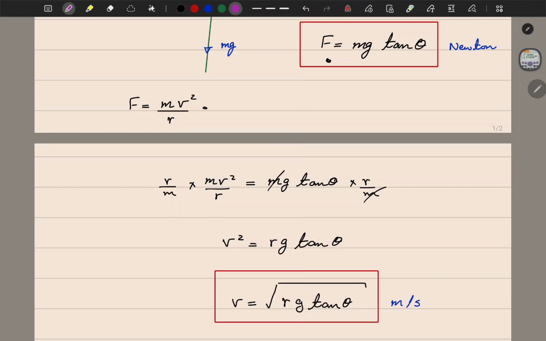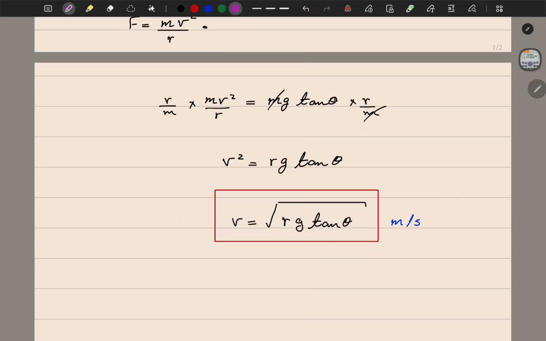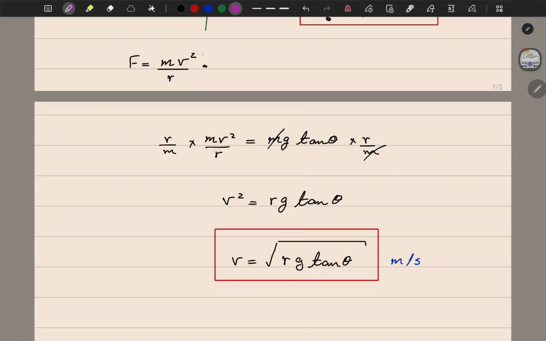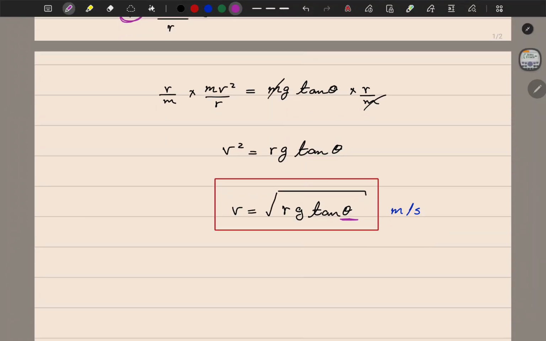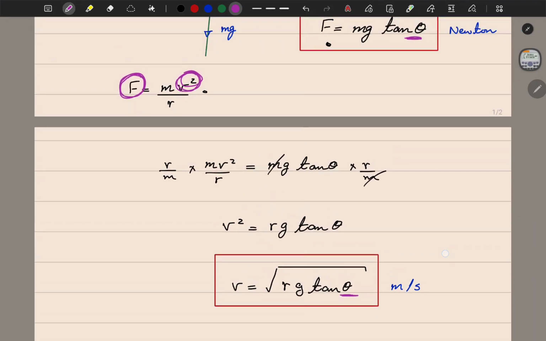If the velocity is too high, then the centripetal force is too high, then it's going to be more difficult to maintain a circular path. And since the circular path is maintained through the angle theta, for higher velocities, we're going to require more banking because they are all proportional to each other.